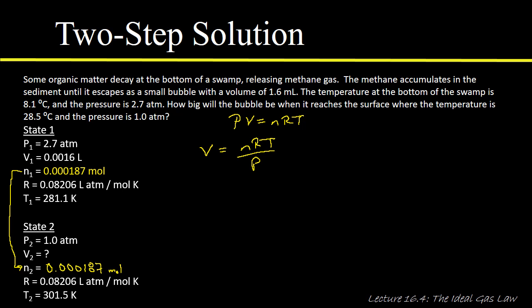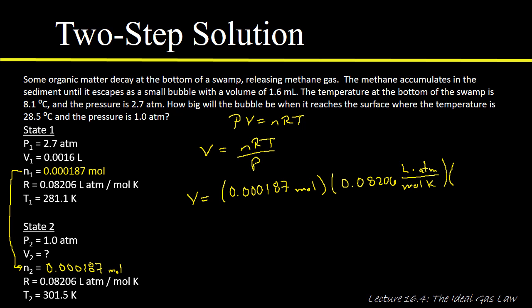So volume is going to be nRT over P, and that is 0.000187 moles, times 0.08206 liters atmospheres per mole Kelvin, and T is 301.5 Kelvin.